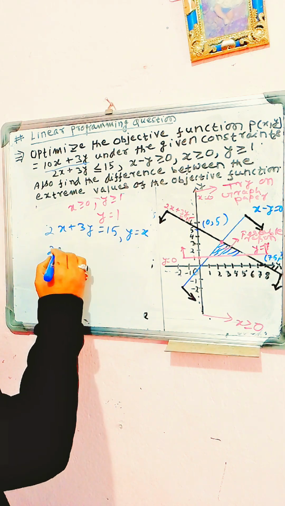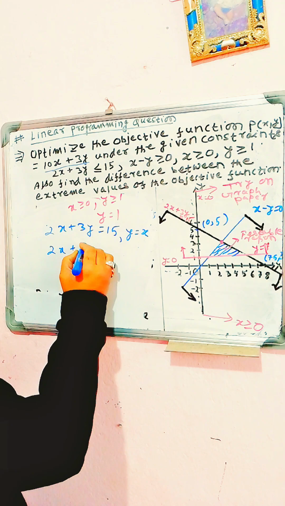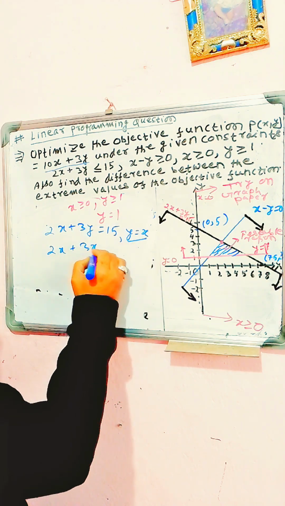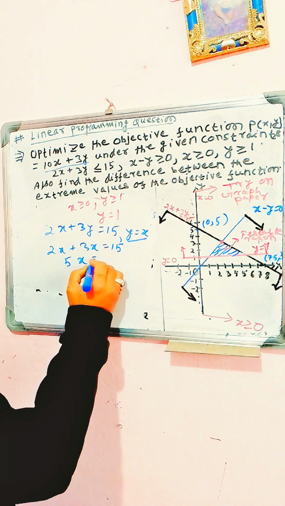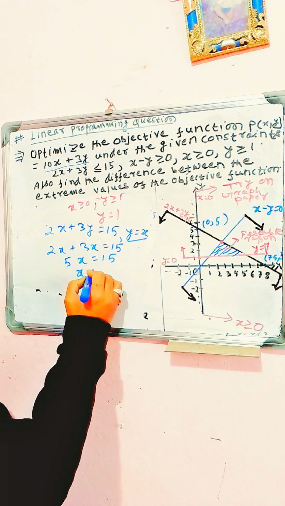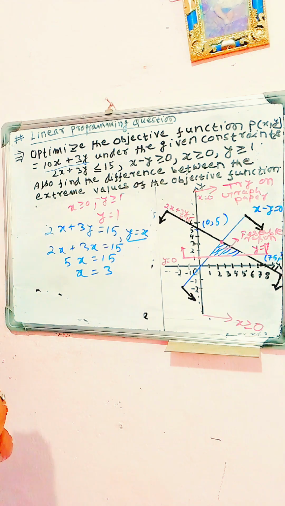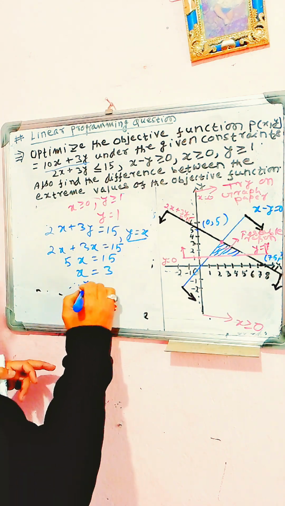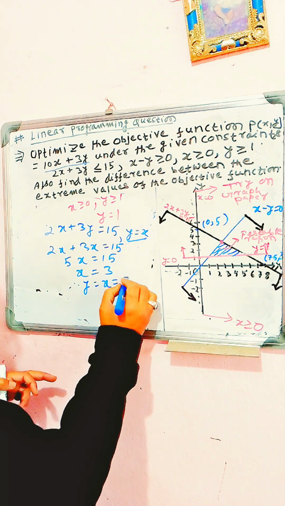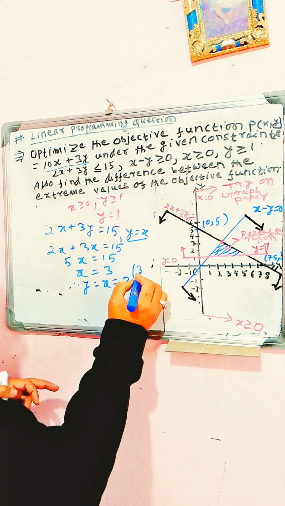So this is 2x plus 3x equals 15, so 5x equals 15 gives you the value of x as 3. So if x is 3, therefore y is also 3, because y equal to x.